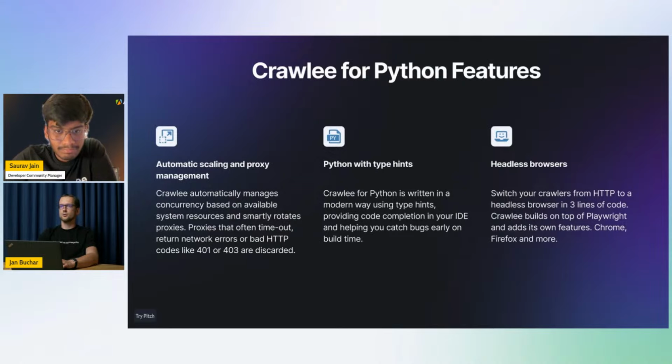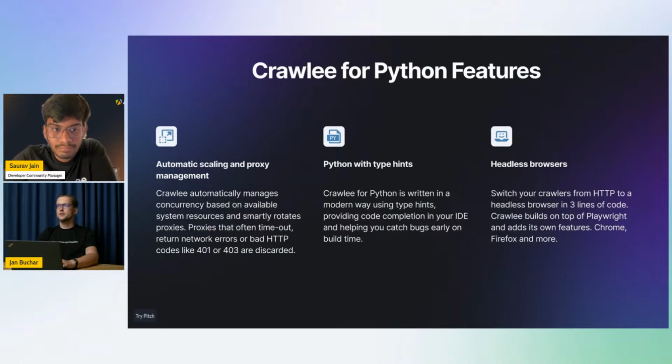And Crawlee does this for you by observing the machine that does the crawling and launching more processes as needed, or not launching them when it detects that the system is getting overloaded. We have a similar mechanism for proxies. If you have proxies that time out often or get detected often, we simply stop using them.